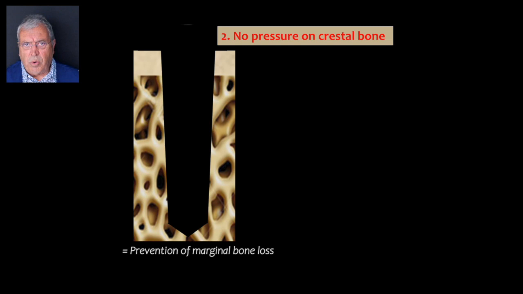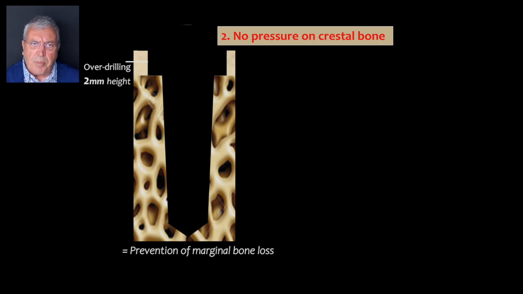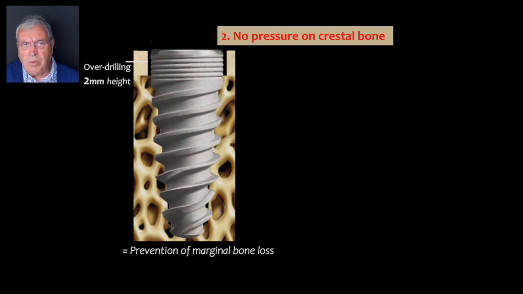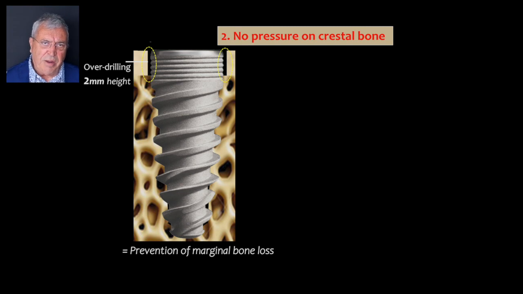No pressure on crest and bone. This is what we should do all the time when we do the preparation for the implant. Overdrilling just in 2 millimeter height. Why? In order to avoid any contact between the implant and the cortical bone. But we have another benefit.